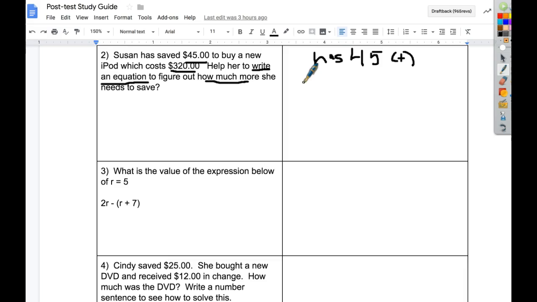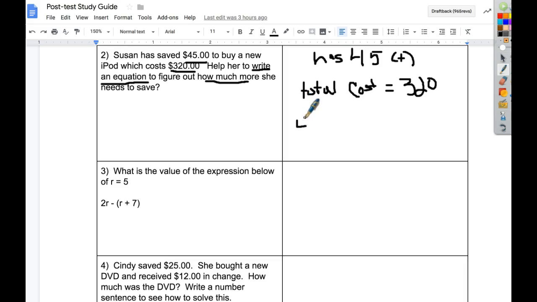And we know the total cost is $320. Okay, if it's the total, that's going to be on one side of the equal sign, and we want to know how much more she needs to save.